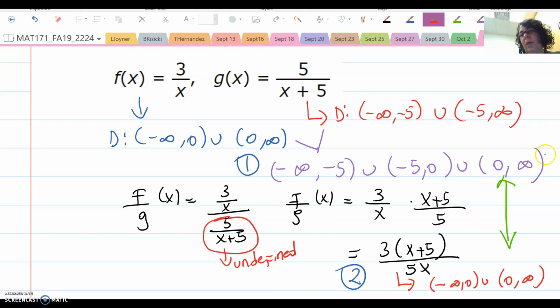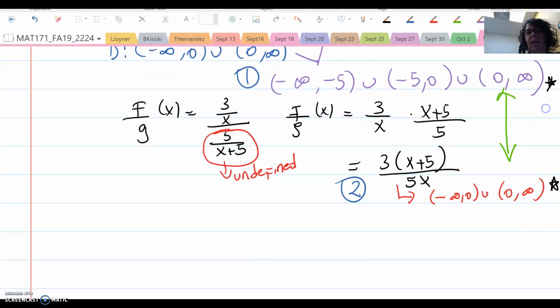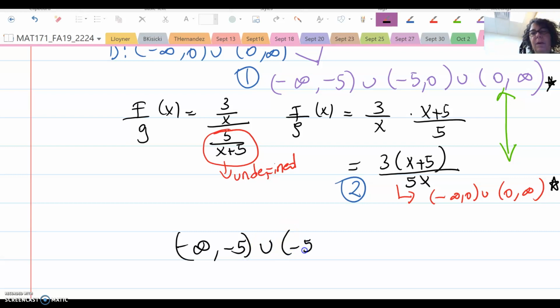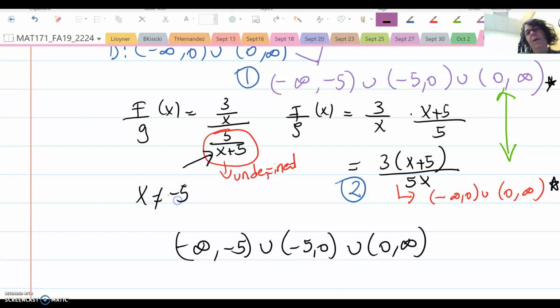That's why we need to look at the intersection of this one, that one, and then the result will be negative infinity to negative 5 union negative 5 to 0 union 0 to infinity. Because the resultant function is the compact form, g of x is melting in there. However, for this we can have x equal to negative 5.